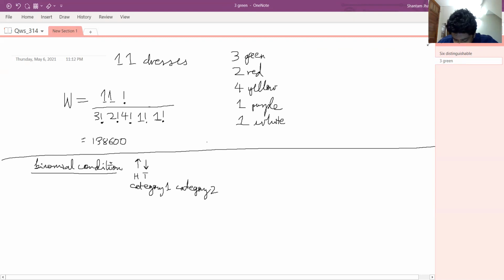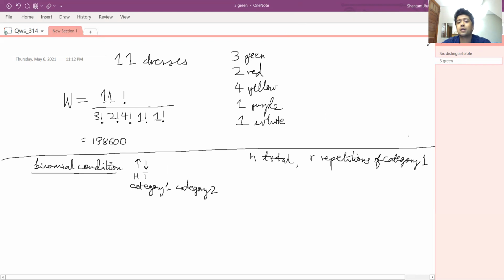Now, in this condition, let's see the general expression where we have n total stuff. n total entries, n total coins you begin with, n total particles, or n total stuff. Out of which there are r repetitions of category 1.